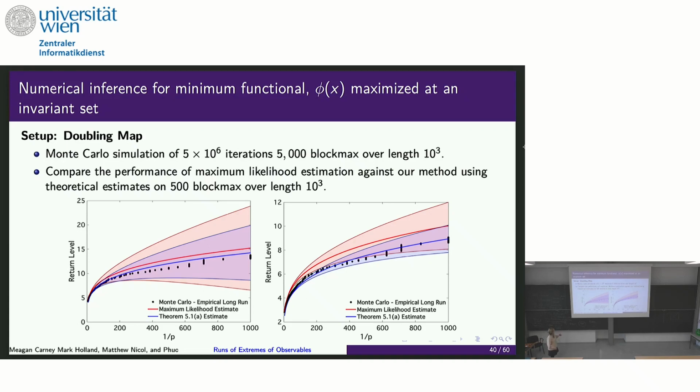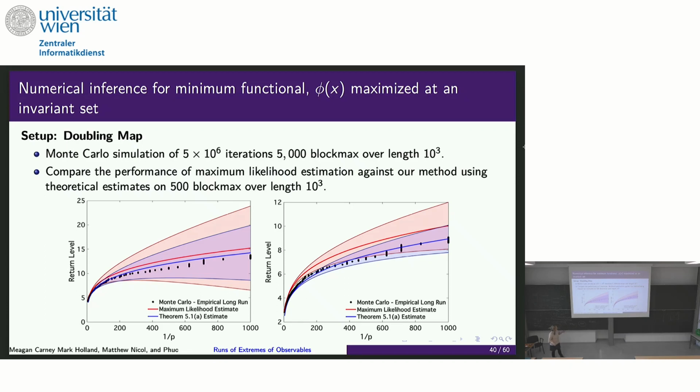So in this case, I use the doubling map here, and I created some really long Monte Carlo estimate of what the true return level is for the doubling map. And I used maximum likelihood estimation on 500 block maxima of length 10 to the 3 to estimate these return levels. And then I used our theorem estimates as well.